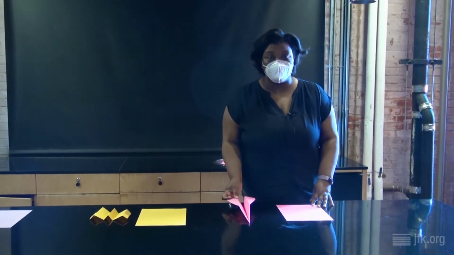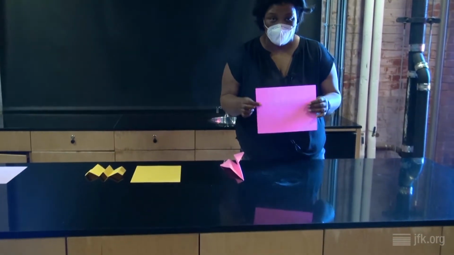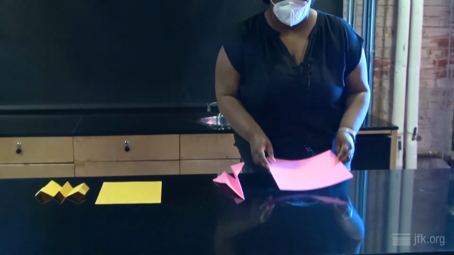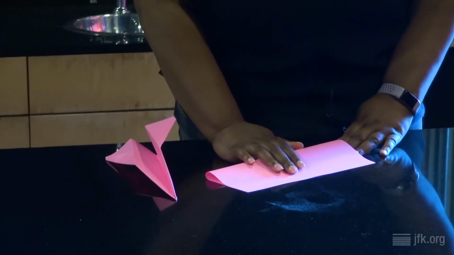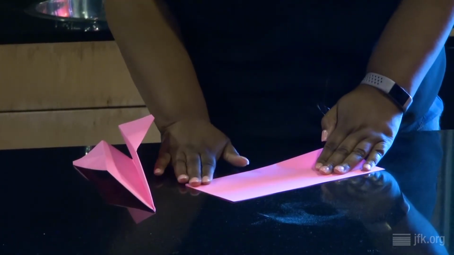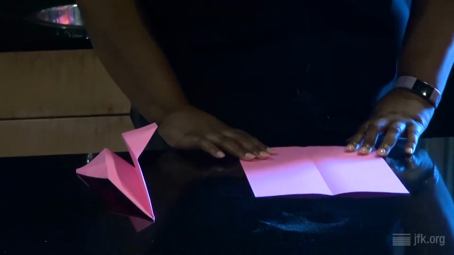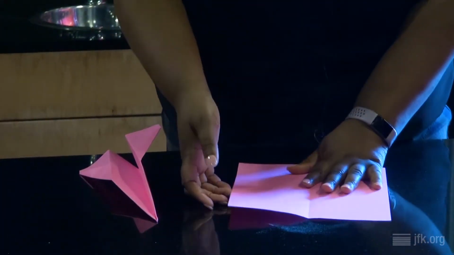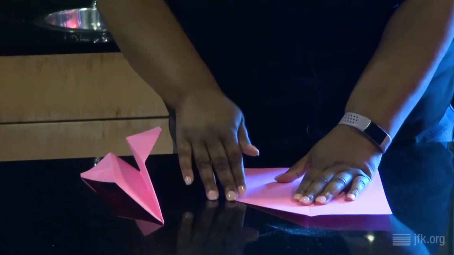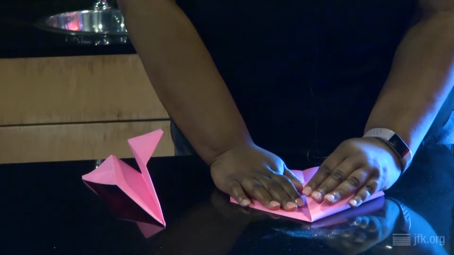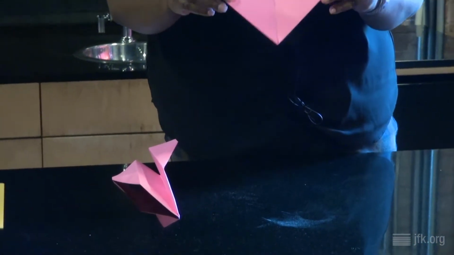So in order to make your traditional paper airplane, you want to take a regular piece of computer paper, any color you want, and you're going to fold it in half vertically, and you'll have the line down the middle. Then you'll take the right corner and you will fold it over to the middle crease, and you will take the left corner and fold it to the middle crease, just like that.